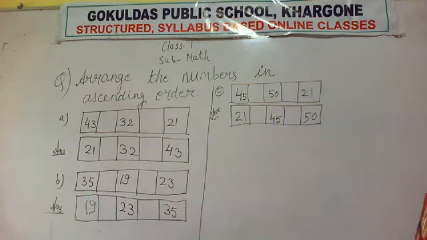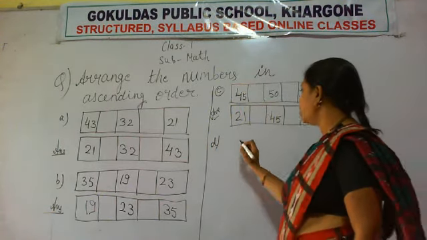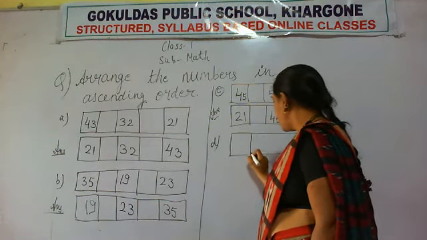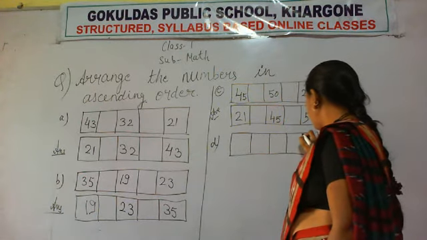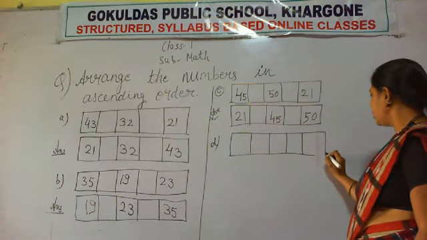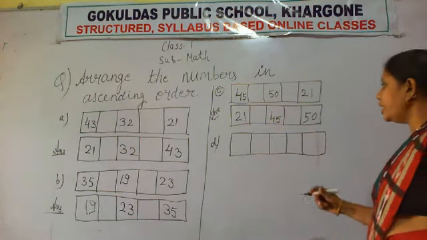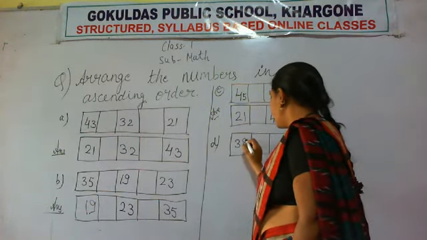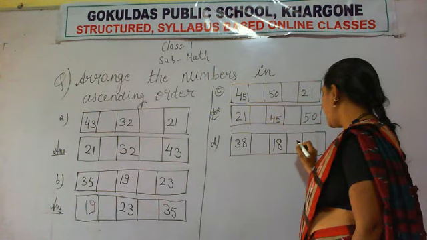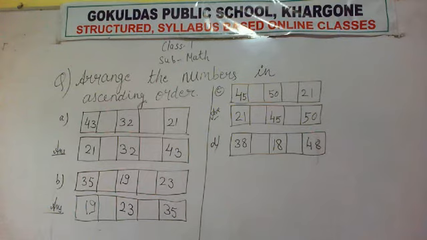So, copy the question. Now, the next question, D. The numbers are 38, 18 and 48.